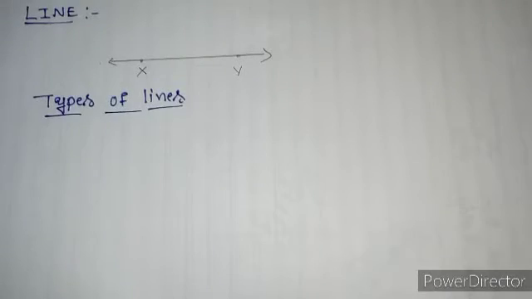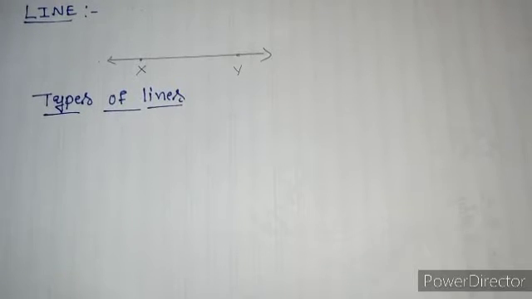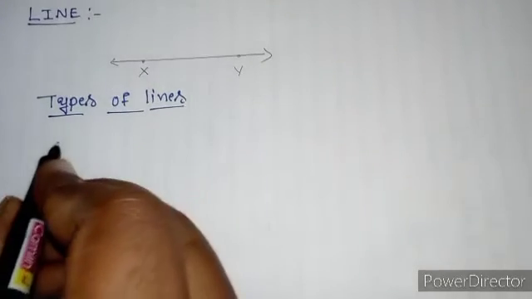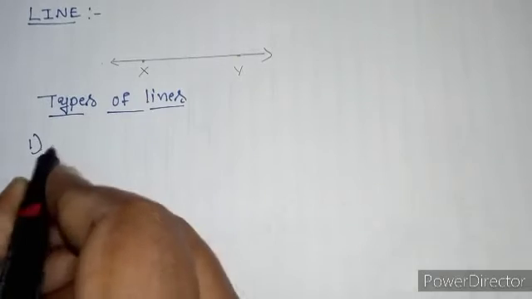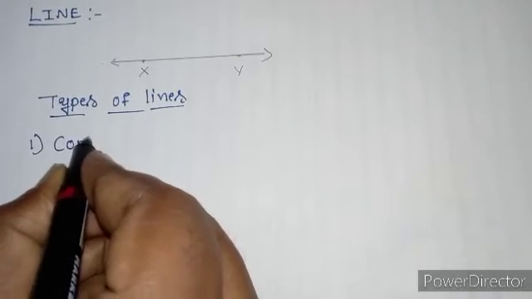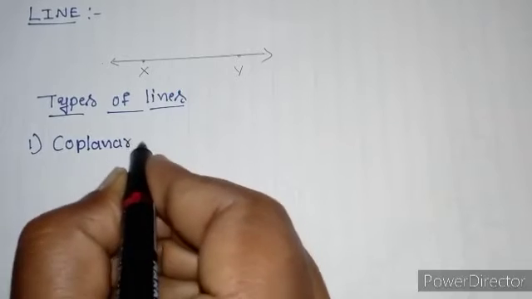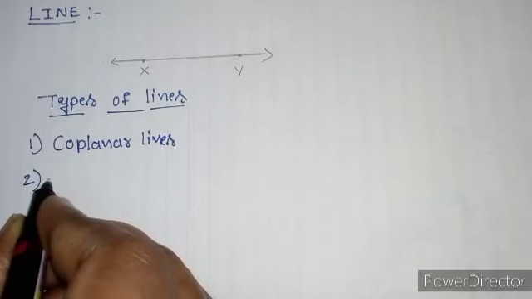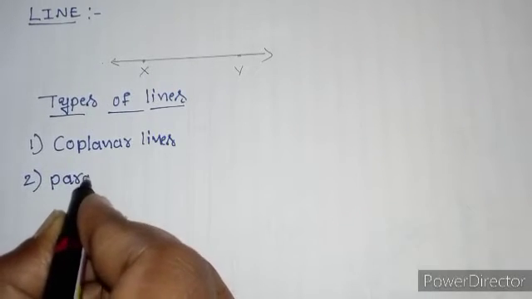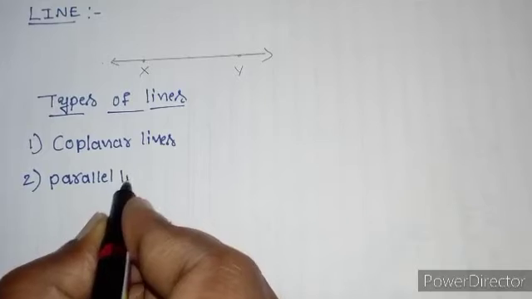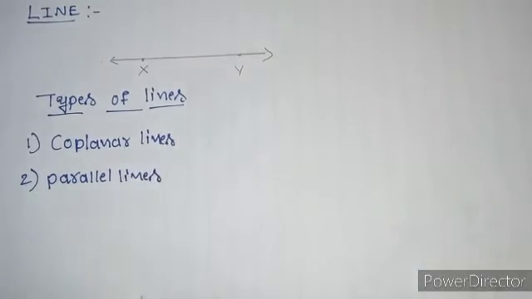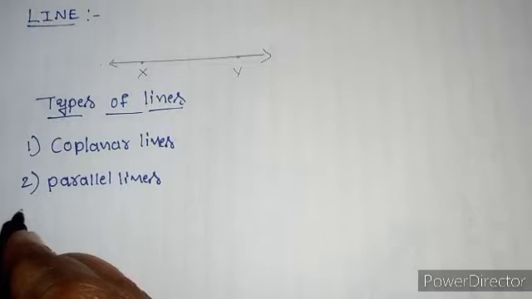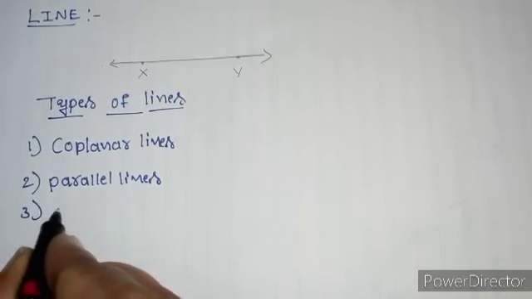Next, students, we are going to learn the types of lines. There are 4 different types of lines. The first type is coplanar lines. The second type is parallel lines, and the third type is intersecting lines.